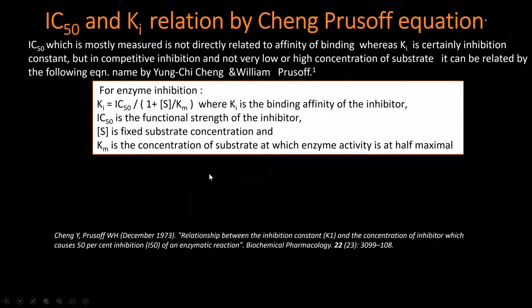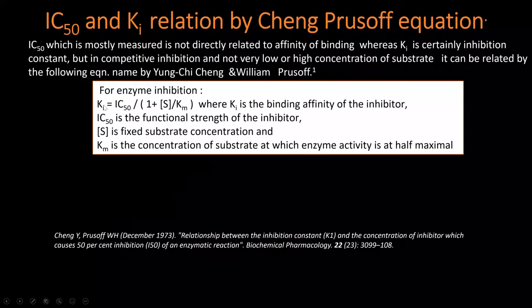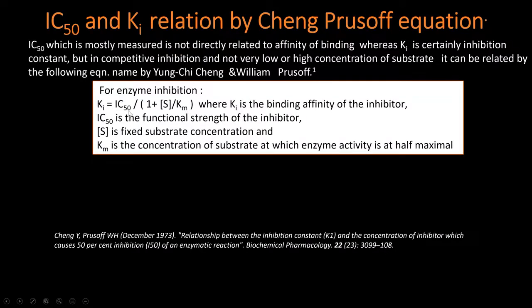Now comes what Ki is and how it is related to IC50. I thought it best to follow Wikipedia because all the young people are very used to reading it, and I figured out they have correctly estimated values. And this is the Ki. Would you see this very clearly?